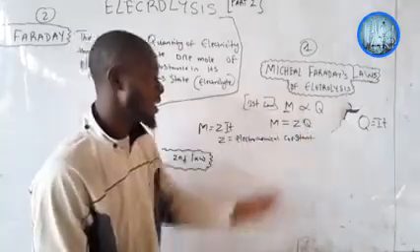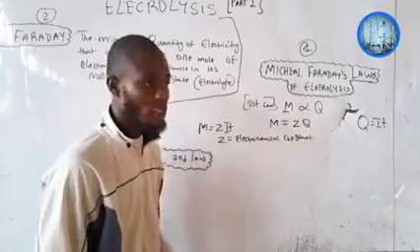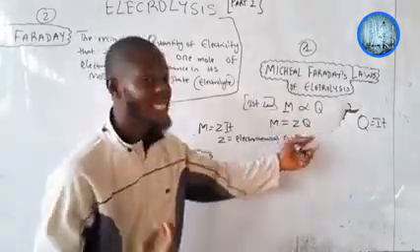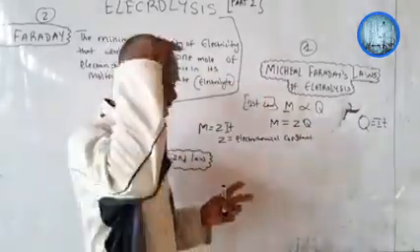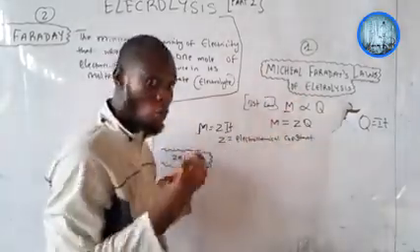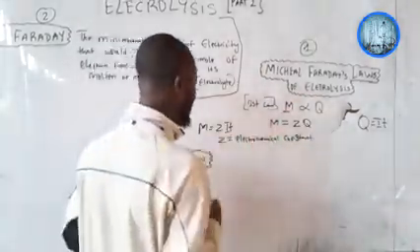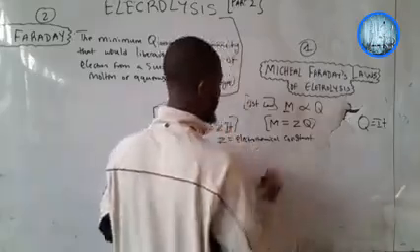Provided there is a constant, as the quantity of electricity entering the electrolyte increases, the mass deposited will also increase. That's what the electrolytic law means, and from this we get this formula.